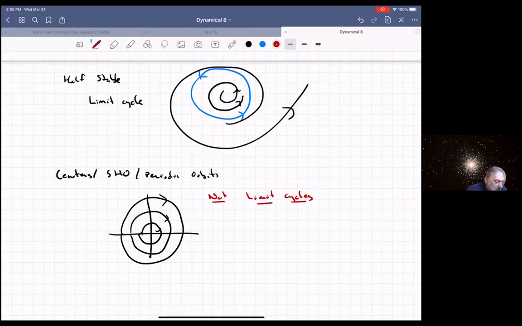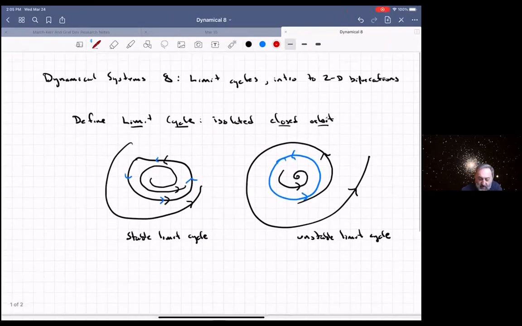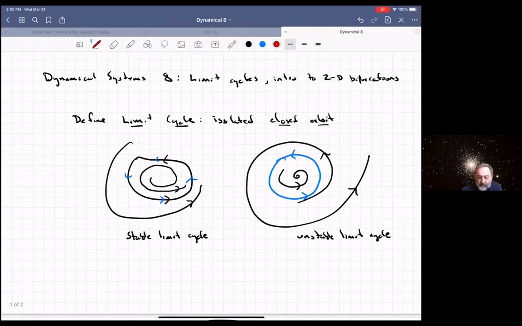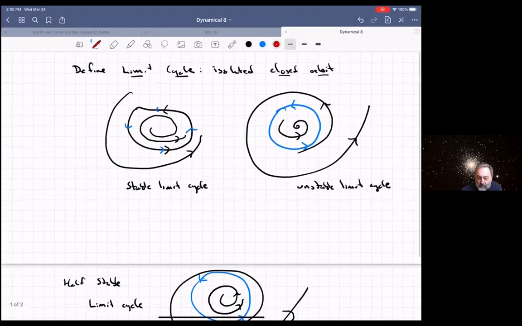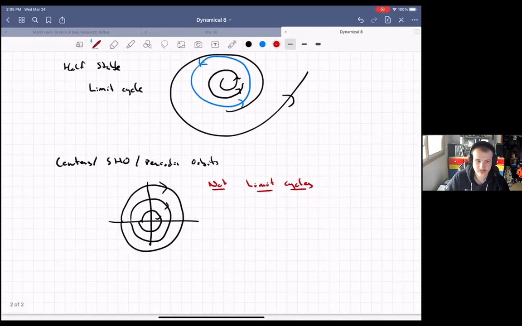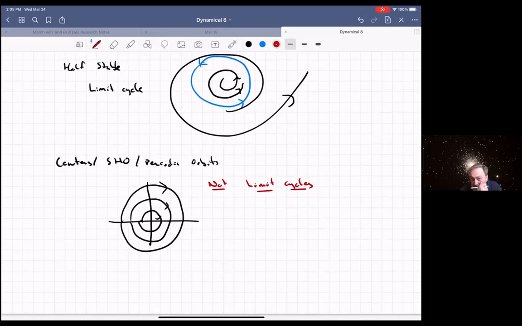Why are they not limit cycles? The orbits are closed. What in the definition makes it not a limit cycle? It's not isolated. The closed orbit is not isolated.